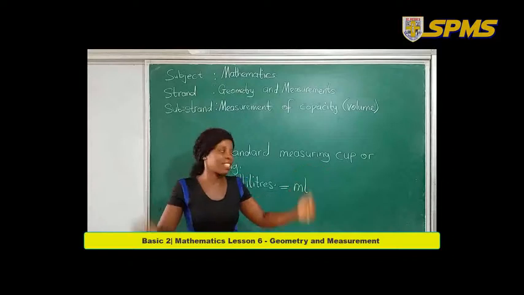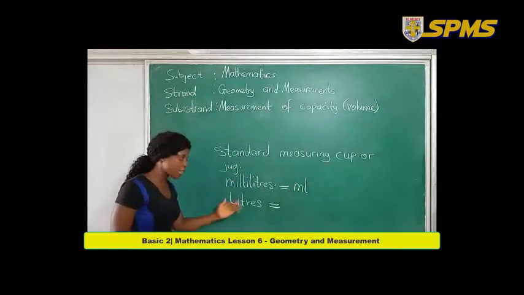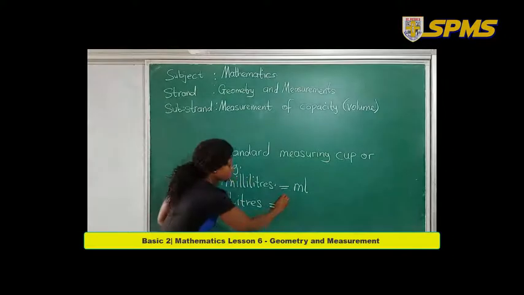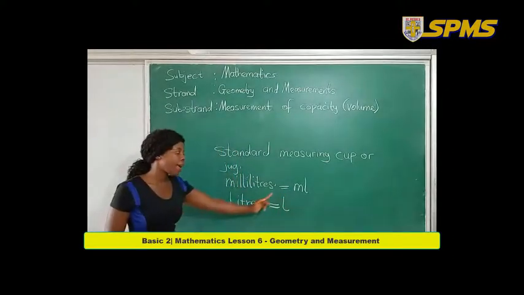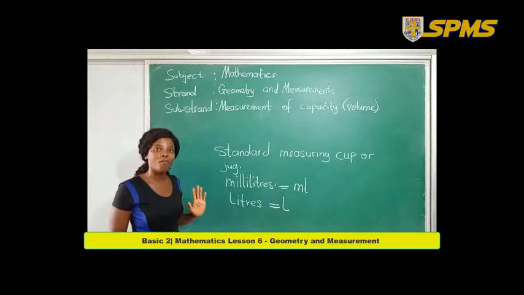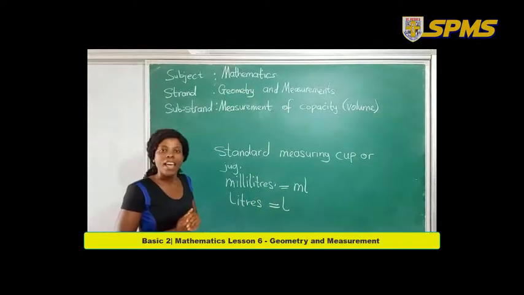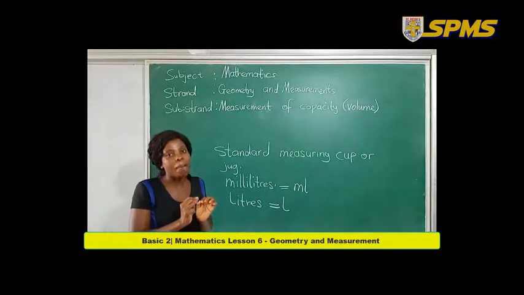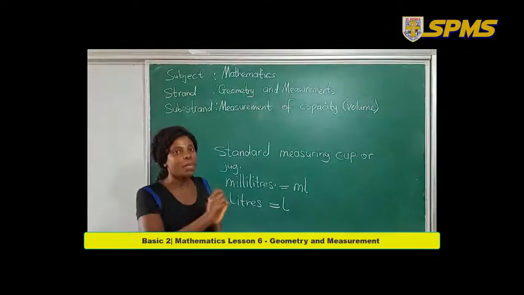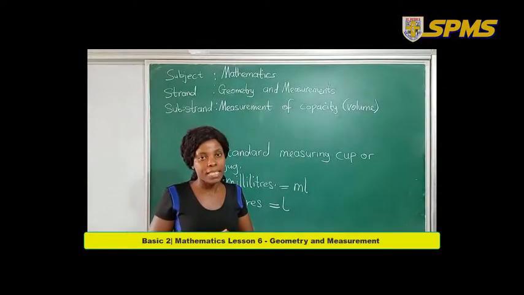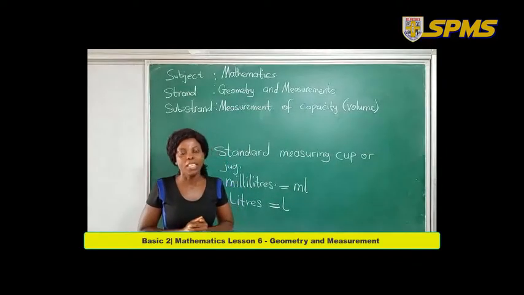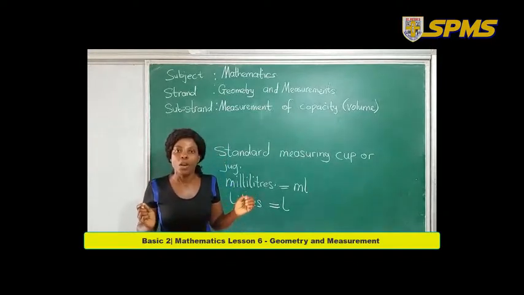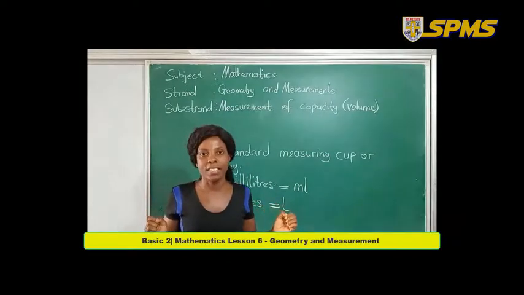And what is the short form for writing liters? We represent it by L. Just L. So the moment you see any object which has been marked with a number and L written beside it, it means that object can hold water or any liquid of a capacity measured in liters.